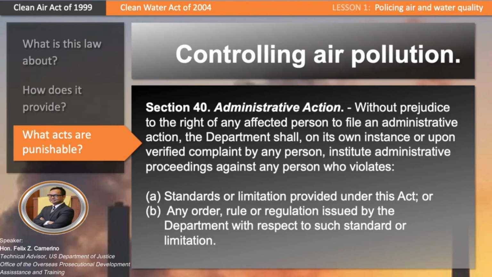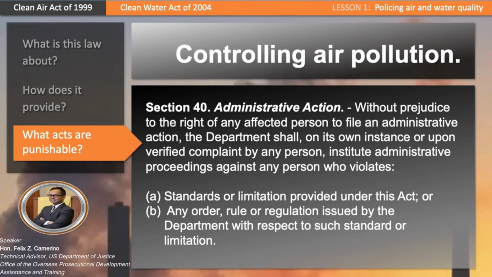It's entitled Administrative Action, because generally speaking, the unlawful acts here are administrative cases. That of course means there is no jail time. It's usually a fine, or some kind of penalty involving payment of fees, but no jail time generally speaking.